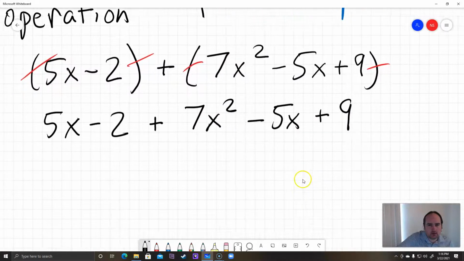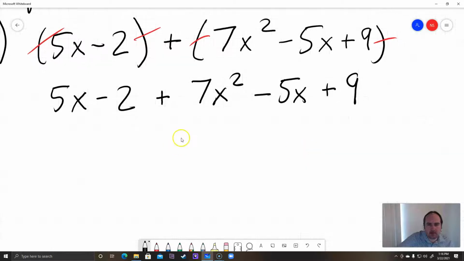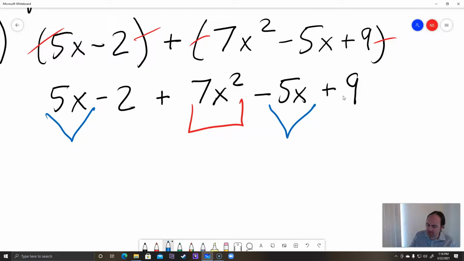So here, the like terms are going to be x squared, x, and then the constants. And the constants are the ones that don't have a variable. So we've got a 7x squared, and then we have a 5x and a negative 5x. And then the last type of like term is a negative 2 and a positive 9.